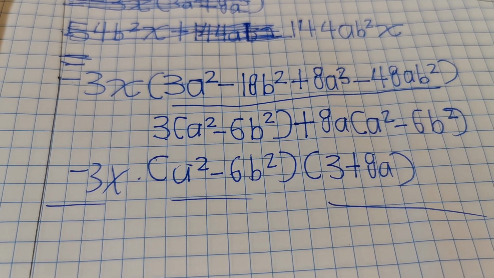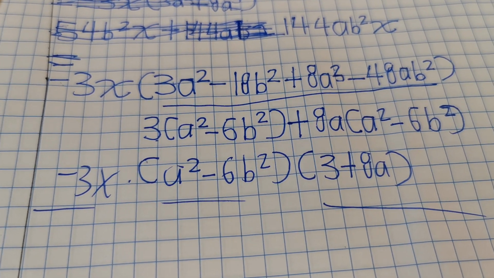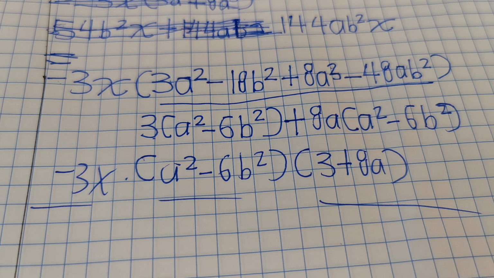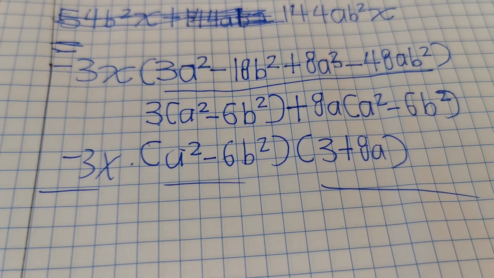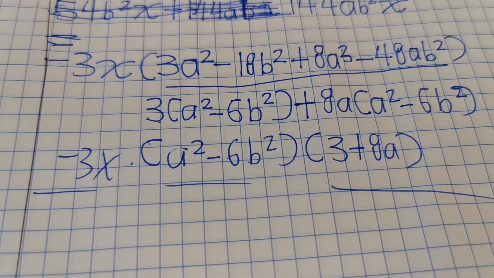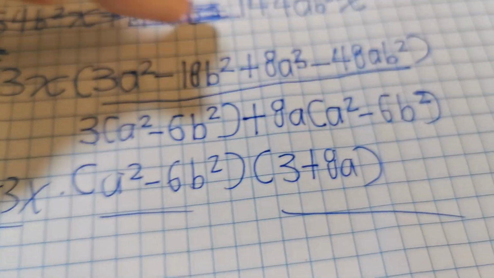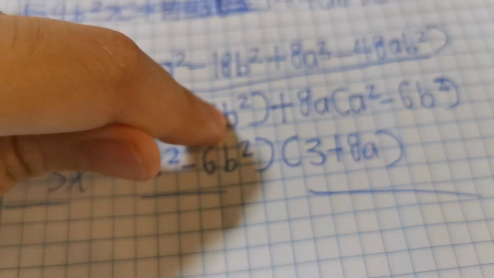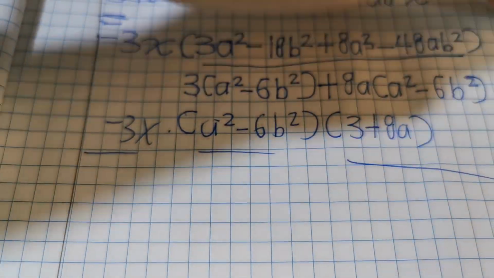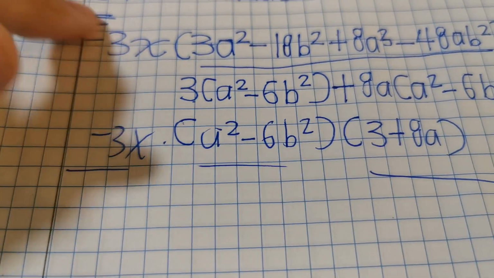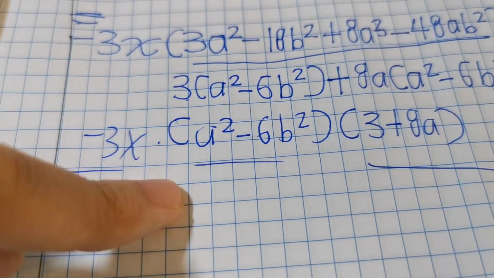Minus 3x bracket a squared negative 6b squared. I'm sorry, I said the sign wrongly. Instead of saying minus 6b squared, it should be negative 6b squared. The common factor for these two groups is a squared negative 6b squared. The same grouping applies here. Then we extract this common factor out and put the remaining factors.